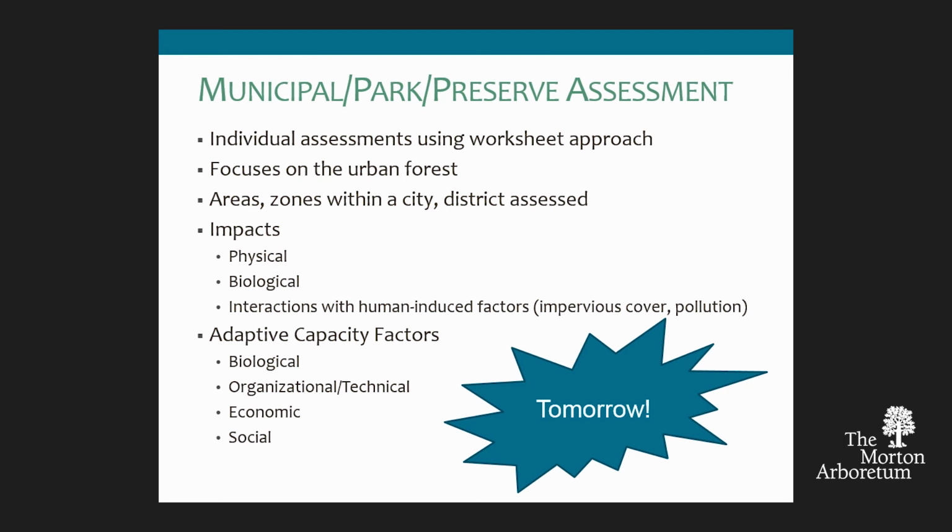We're looking at the physical, biological, and the interactions with human factors as far as impacts. And then for adaptive capacity, we're looking at the biological adaptive capacity of the trees, but also the adaptive capacity of our organizations, the economic adaptive capacity of systems, and the social adaptive capacity.